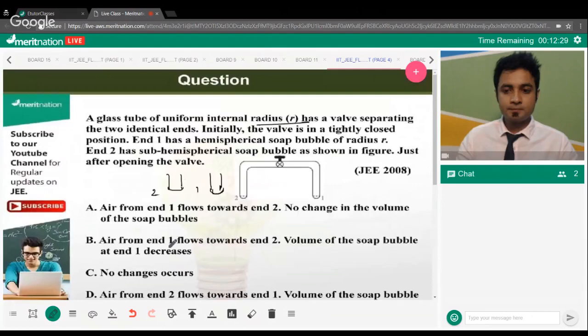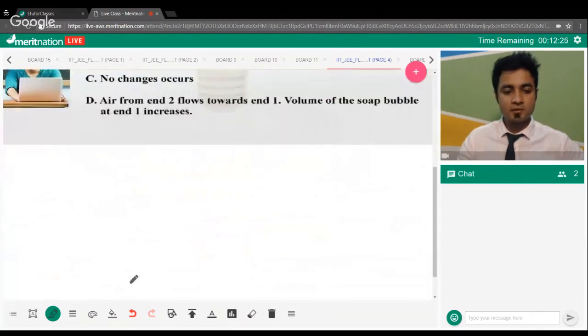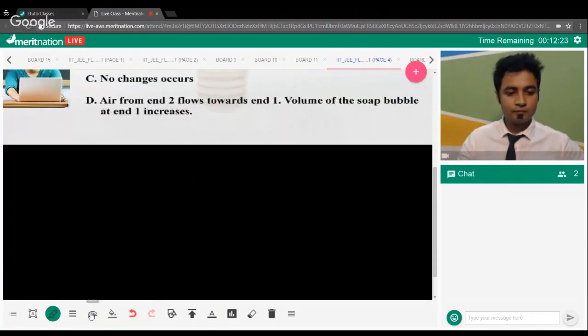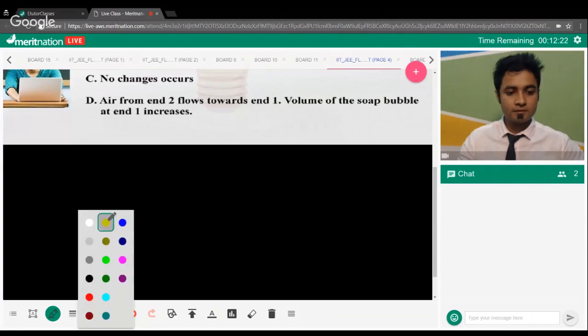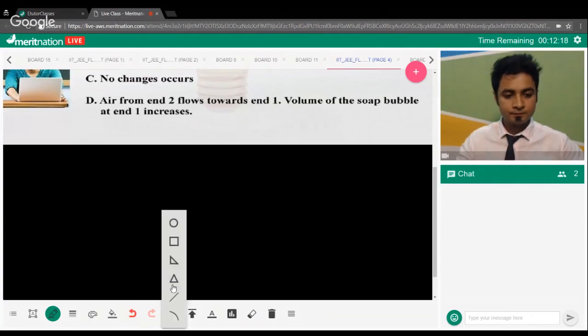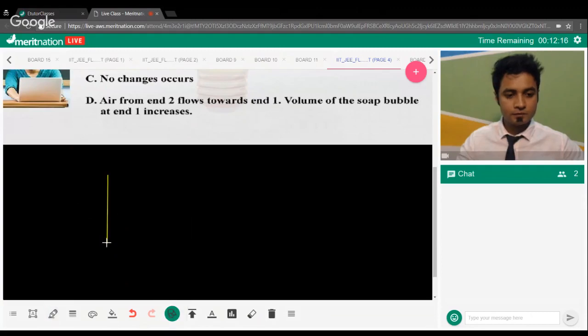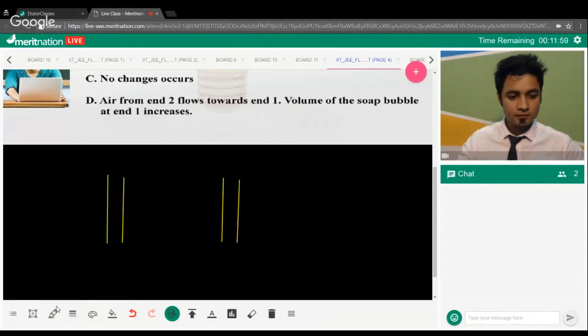Yes guys, I'll just take it up right away. Okay, so this is the first tube, this one is the second one. In the first case, a sub-hemispherical bubble is being formed.